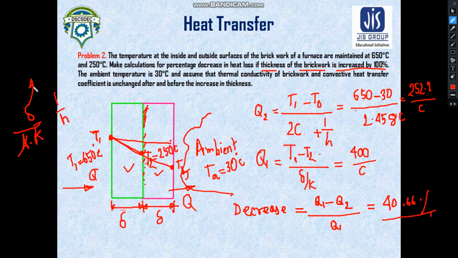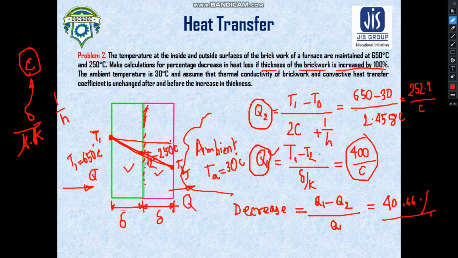Since we took this delta by k as C, we related the C and 1 by h, and afterwards when the insulation was twice, we did the same thing, but in that case the thickness was doubled, so the conduction resistance also changed, and thereafter we found the heat transfer Q2 in terms of C. Same as Q2, we also found out Q1 in terms of C. Then we found the change, that was Q1 minus Q2 by Q1.